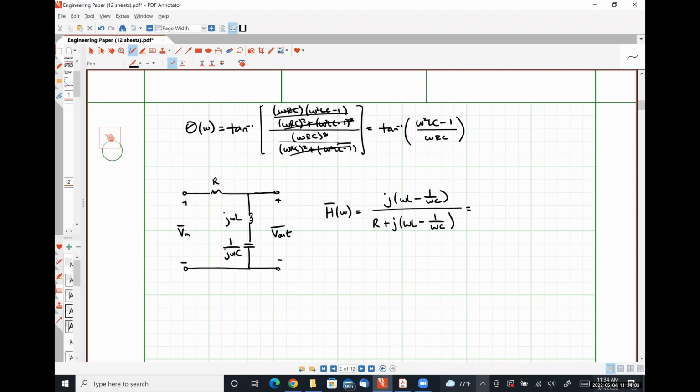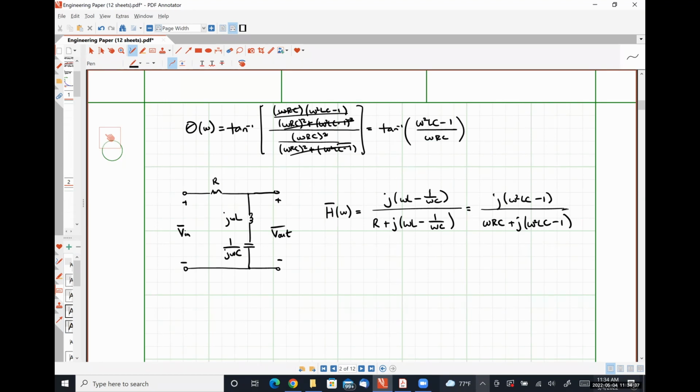And if we multiply through by omega C over omega C, we wind up getting j omega squared LC minus 1 divided by omega RC plus j omega squared LC minus 1.